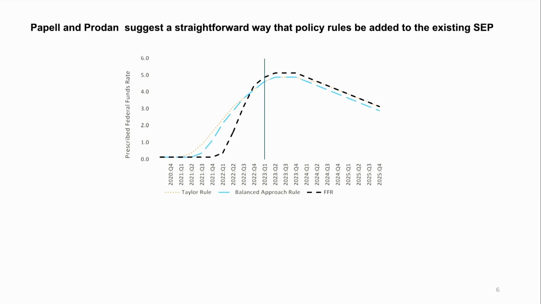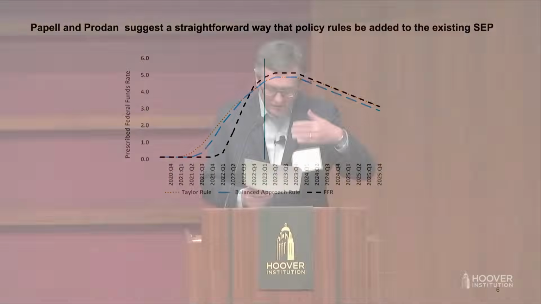And for dates following the vertical line, the projections use the median SEP projections for inflation and unemployment to give a Taylor rule consistent set of projections.